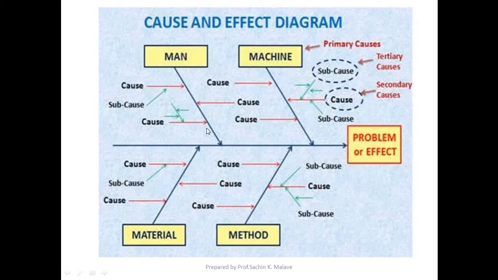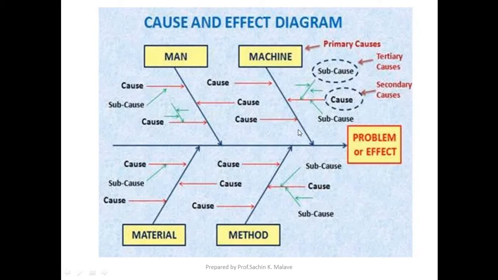So how is this worked out? First in this study, all these elements, that is man, machine, material, method, are listed, and factors causing the defect related to each of these elements are studied one after another.